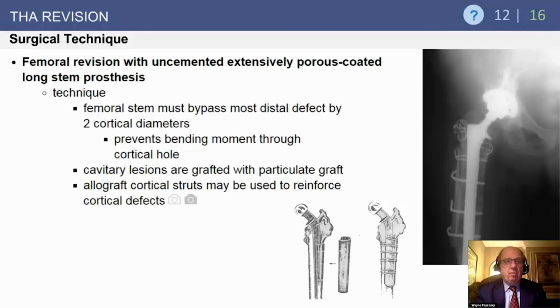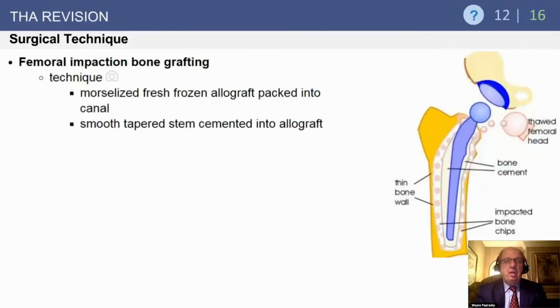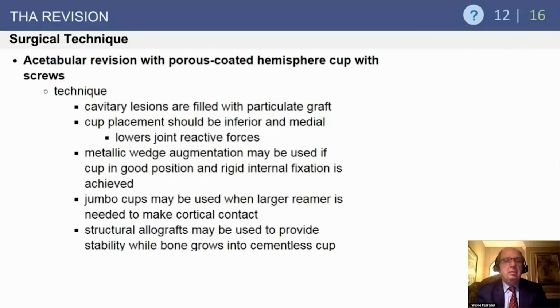Allograft struts can reinforce cortical defects as well as severe osteolytic areas. Femoral impaction grafting: morcellized fresh frozen allograft is packed into the canal. Smooth tapered stems into the impacted allograft give the best results. This is the Exeter or the Ling technique.